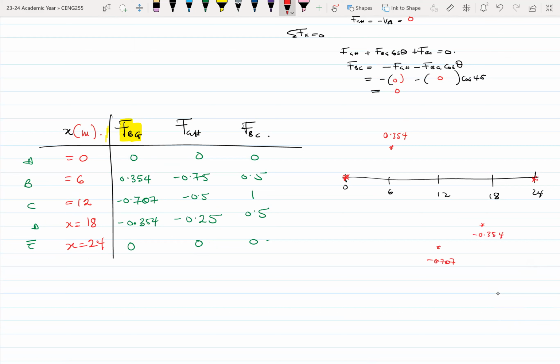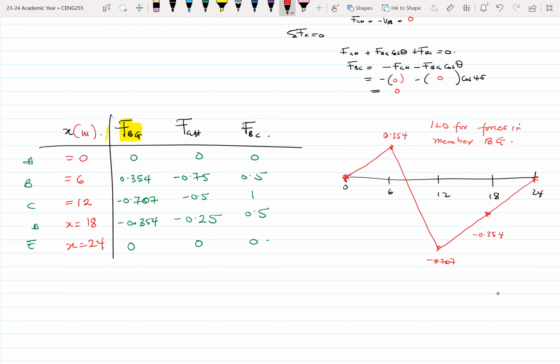You just take a rule, draw straight lines between the points, and you get a diagram like this. This diagram becomes an influence line diagram for forces in member BG.